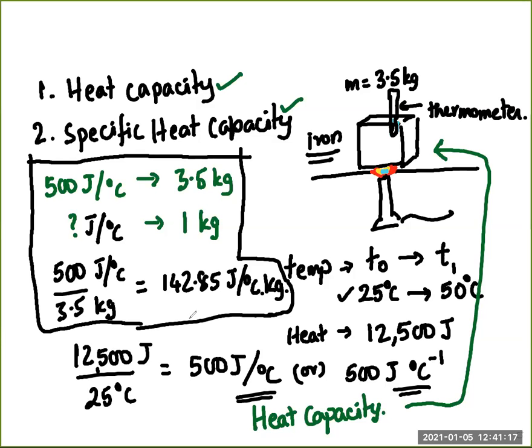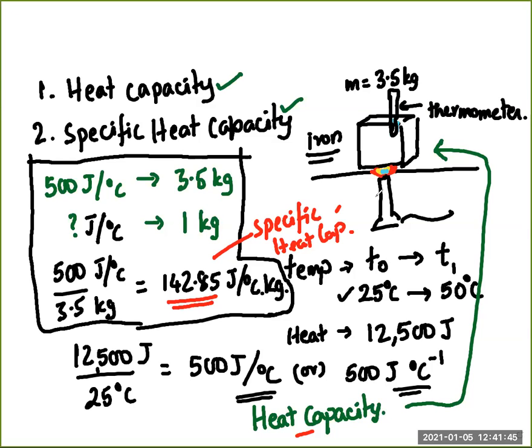Yeah. So to state what this particular quantity is, this 142.85 is what is known as the specific heat capacity. Just the word specific is added to heat capacity. The difference is that heat capacity is for that 3.5 kg block of the object.